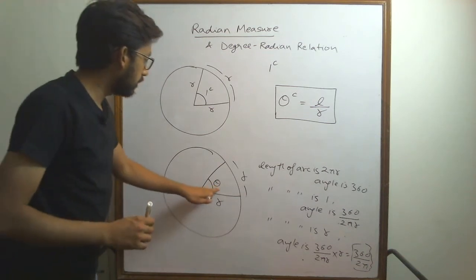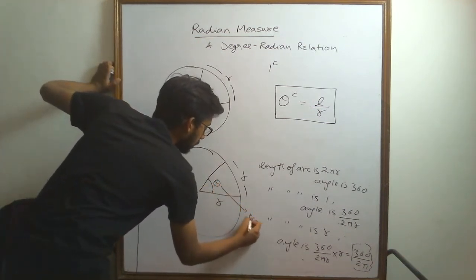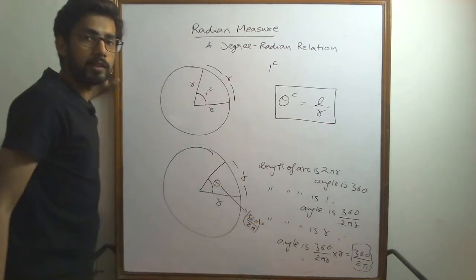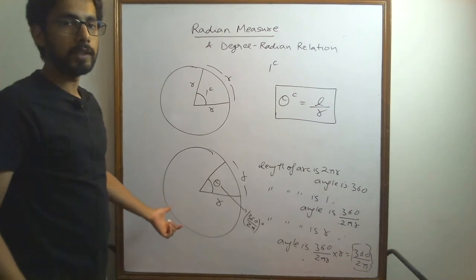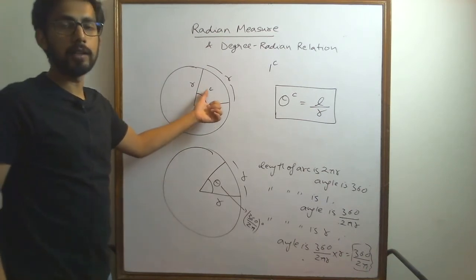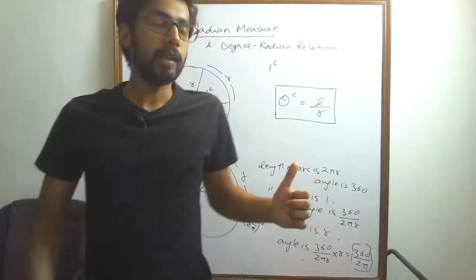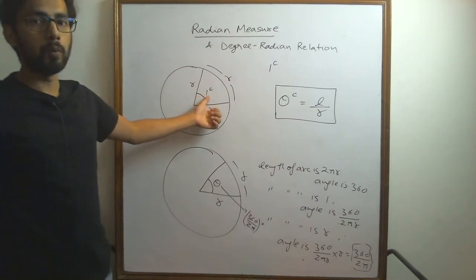So the angle made here in degrees will be 360 by 2 pi degrees, which is always constant for any circle of any radius. That's why this value, the 1 radian, is valid because it is constant for any circle, and this value is known as 1 radian.